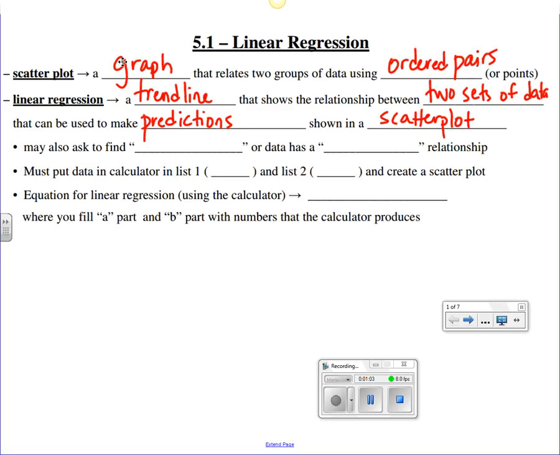You may also be asked to find the line of best fit for data that has a linear relationship.